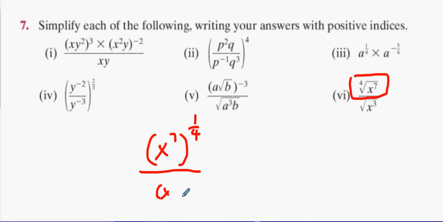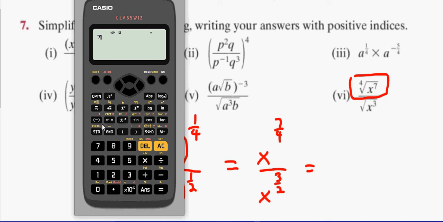Now what's the 2 rules here? Anybody? Multiplication, isn't it? So what's 7 times a quarter? And what's 3 times a half? And what's 7 over 4 take away 3 over 2?